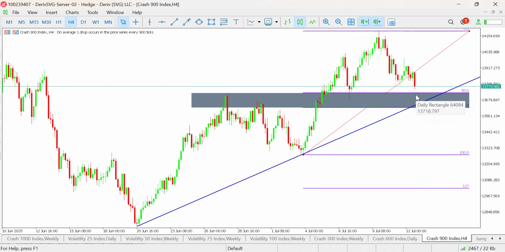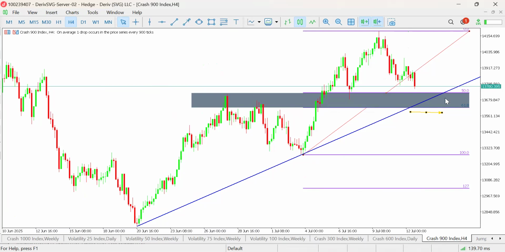An example is if you should see a bullish engulfing candle here, then it will be safe to take your trade, and your stop losses should be underneath the 61.8 mark.